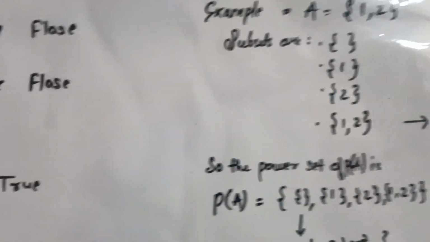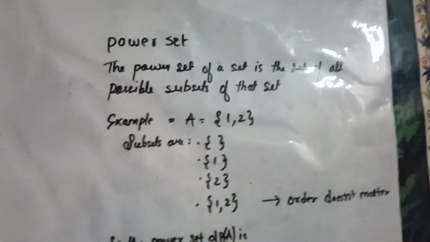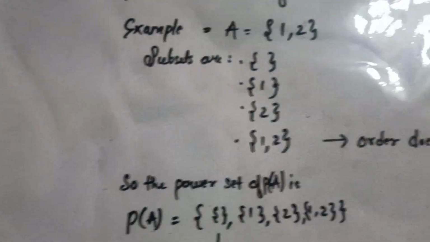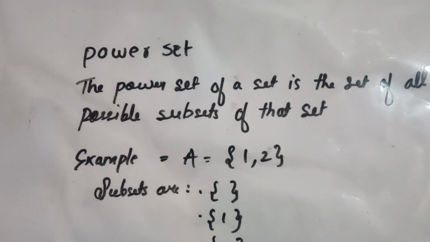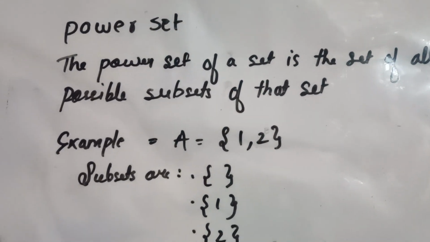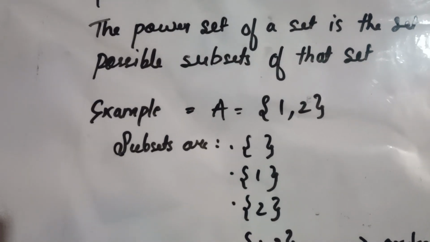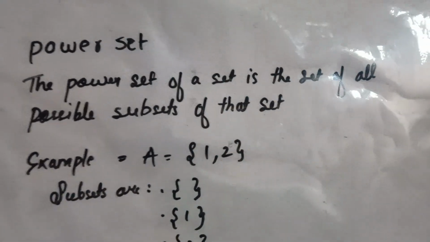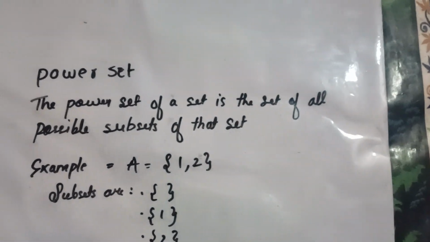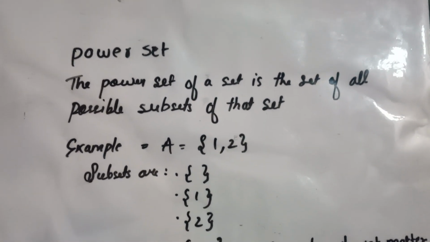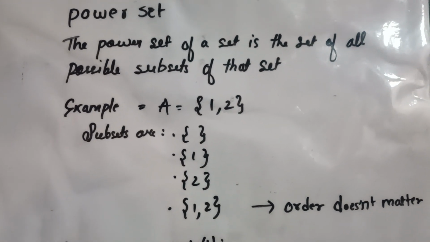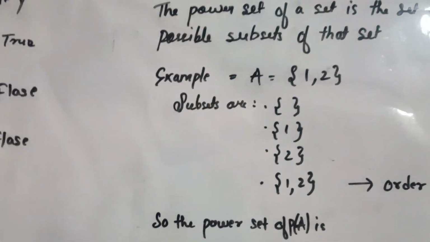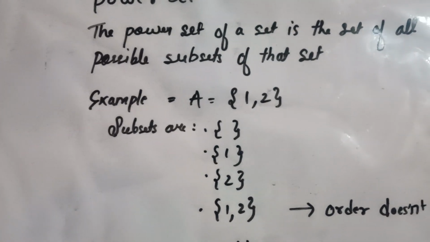Let's check power set. Okay, so the power set of a set is a set of all possible subsets of that set. Yeah, this line is very theoretical. Let's understand with an example, with a clear picture, because I really didn't get this line, but maybe it can help you.